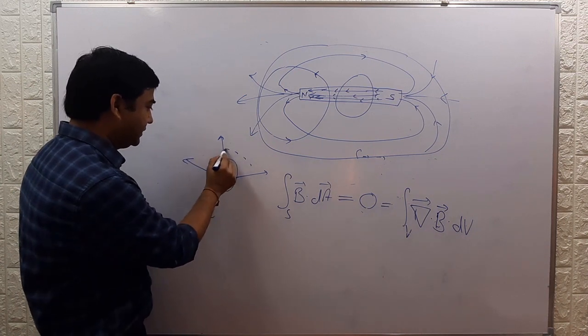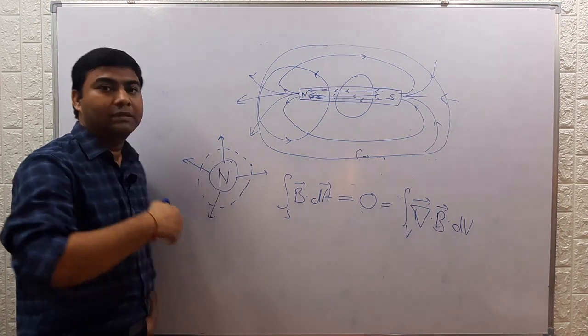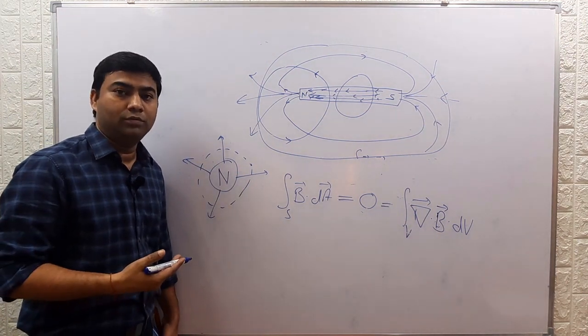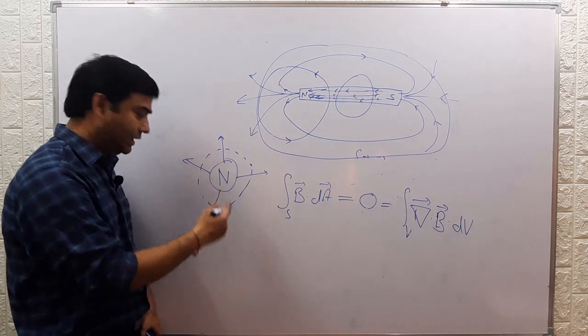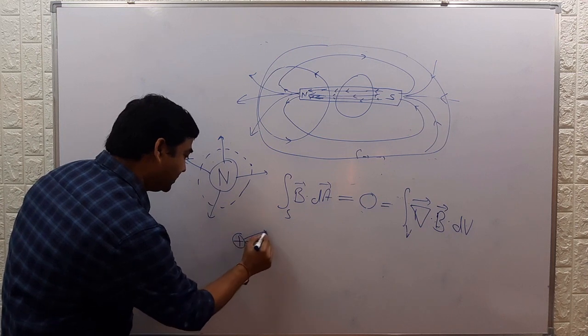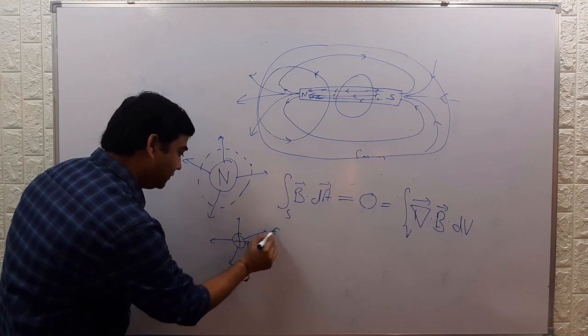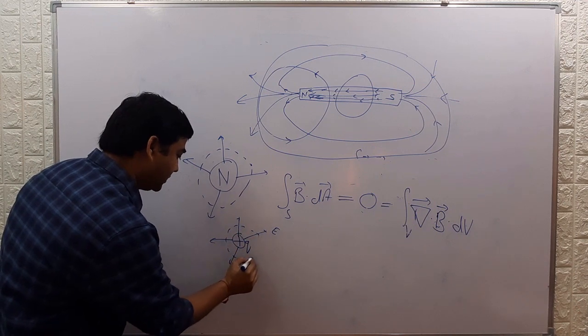And for this closed Gaussian surface, net flux will have some finite value, just like for any positive charge. This is the electric field for a positive charge and this is the Gaussian surface.